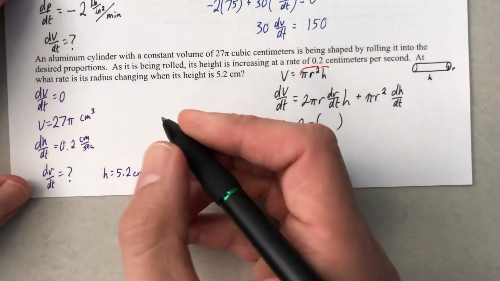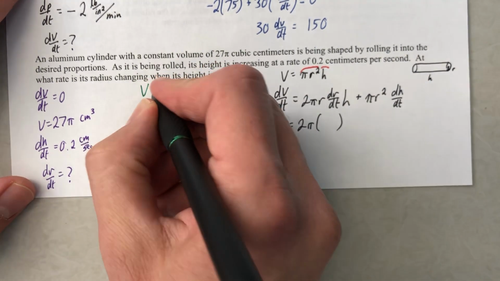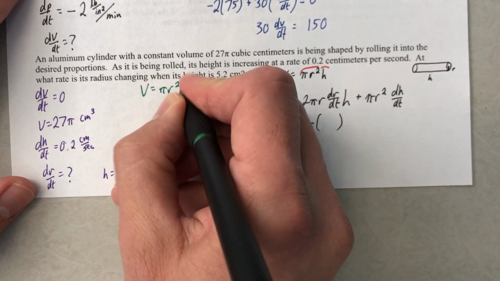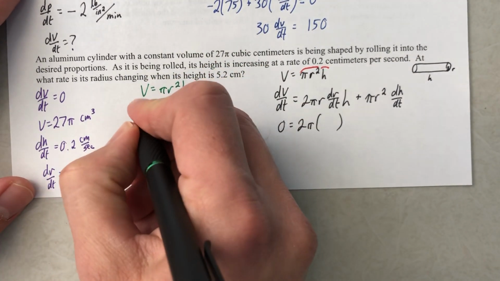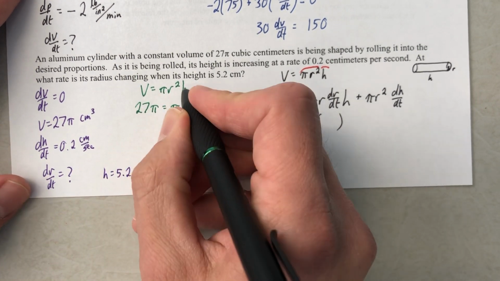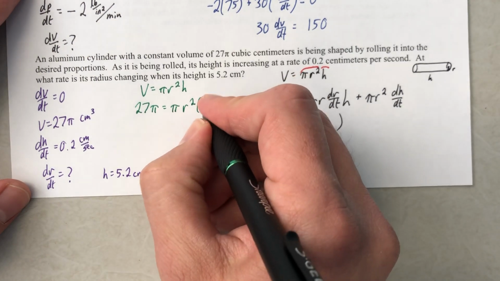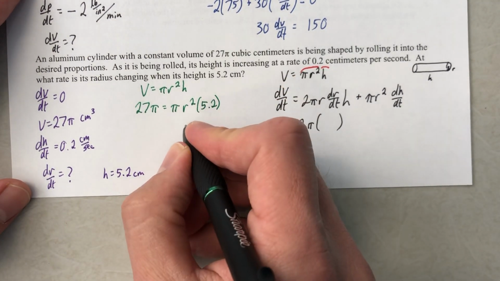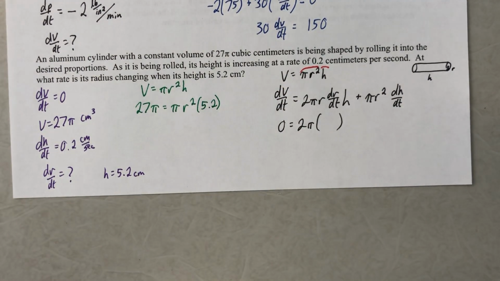So the volume, again, is pi r squared times height, and the volume is 27 pi equals pi times the radius squared times the height, and the height is 5.2. We're going to use this to find the radius. Let's grab a calculator.